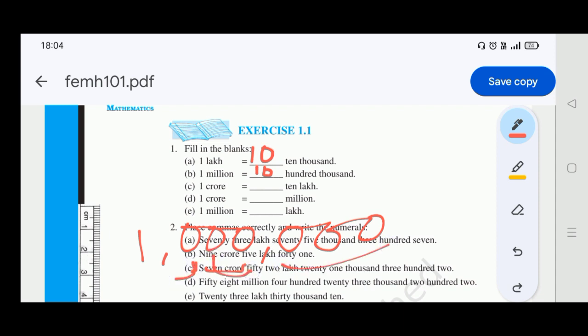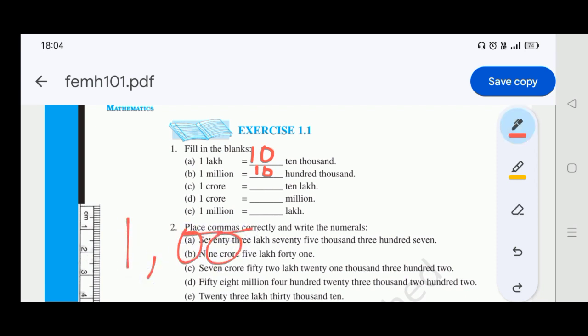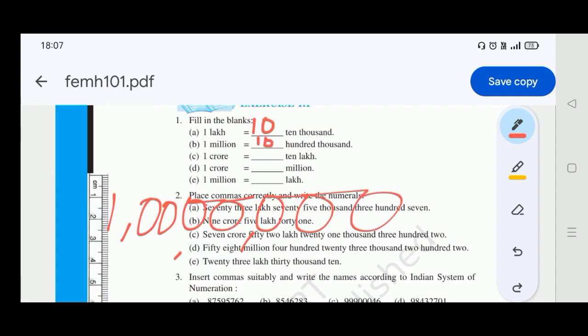Right? So it is 10 times 100,000. Similarly, 1 crore, how can we equate it to lakh? 1 crore is equal to 10 lakh.